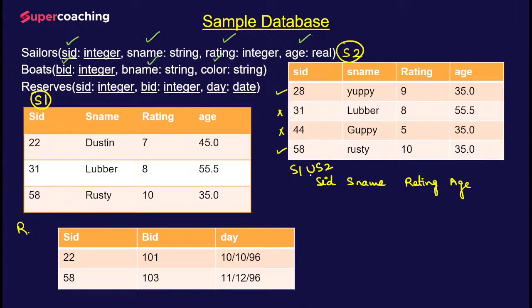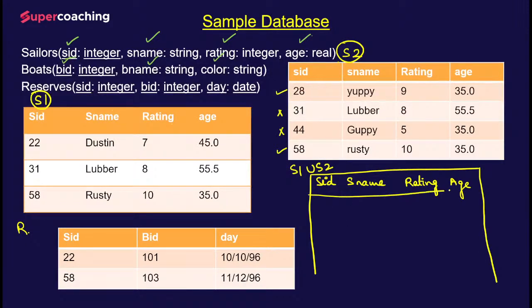Okay, I'm constructing the resultant table. Now let's start from S1. In S1, the first row has SID 22, name is Dustin, rating is 7 and age is 45.0. This is not Dustin.